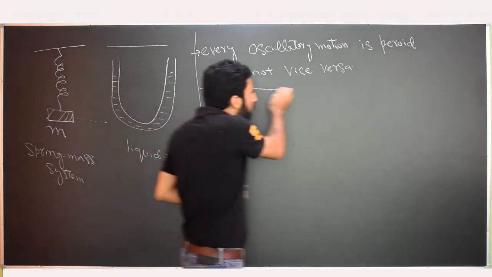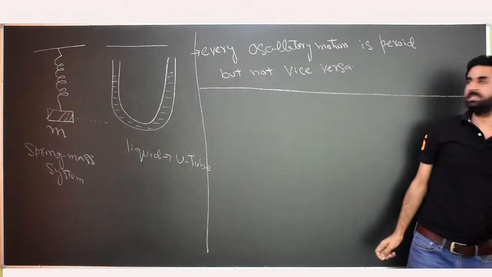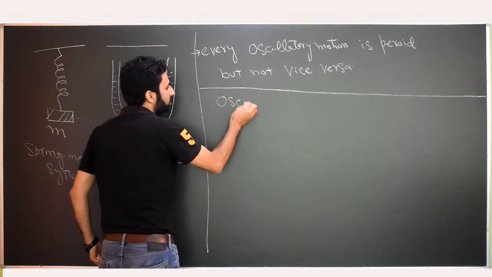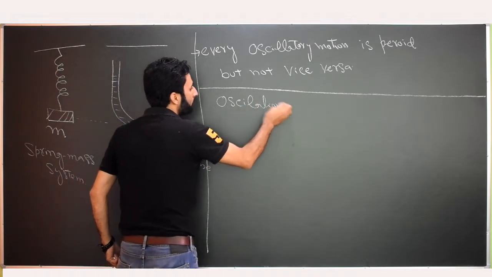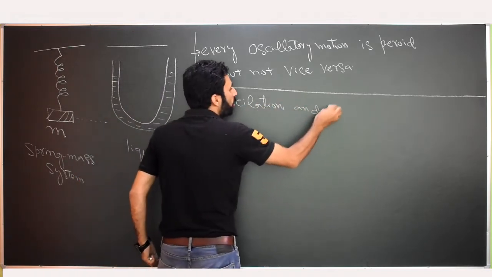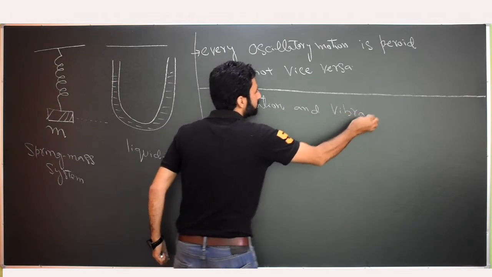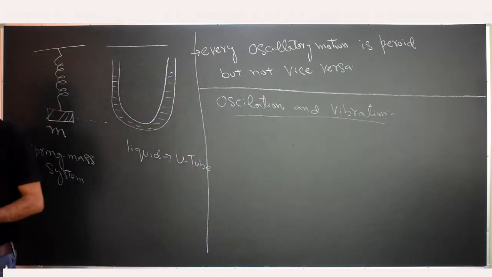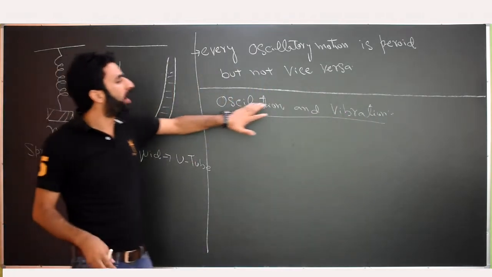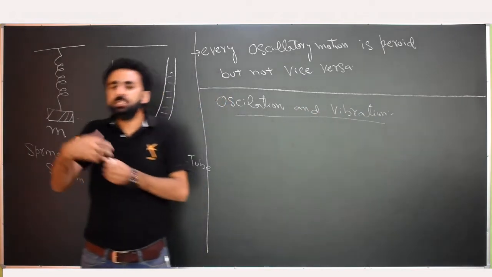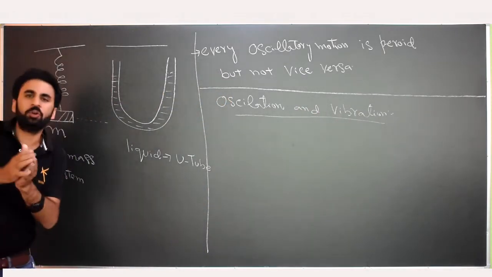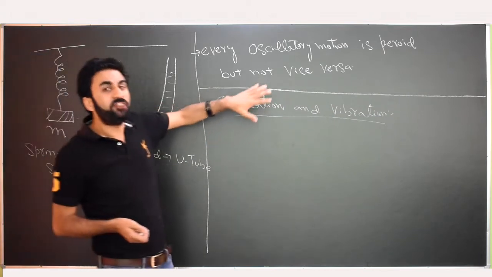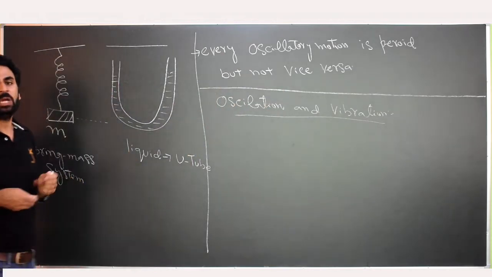Now there is again one fine distinction we call oscillation and vibration. What is the distinction between oscillation and vibration? Normally these terms, oscillation and vibration, are often used as synonyms of each other. But if we go deeper, there is some fine distinction between them.